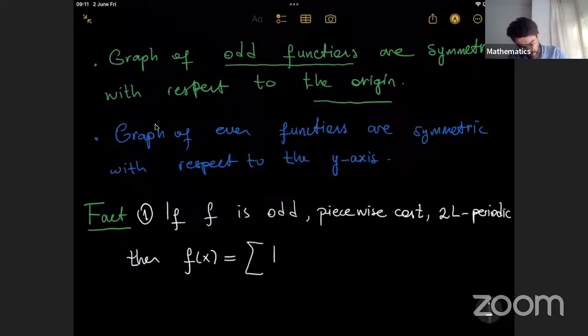So it's going to be like this, bn sine n pi x over L. Okay, like in the previous example.